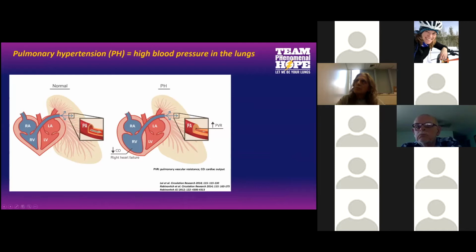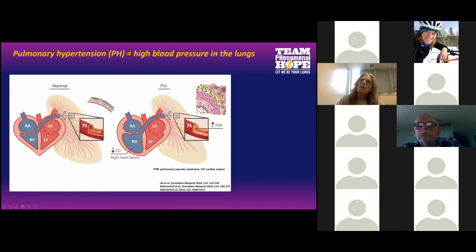So pulmonary hypertension, which is high blood pressure in the lungs. Normally, this is the right heart, the left side heart, and this is the pulmonary arteries. Normally the wall of the pulmonary arteries is thin, so the right side of the heart can pump blood easily through this low pressure system.